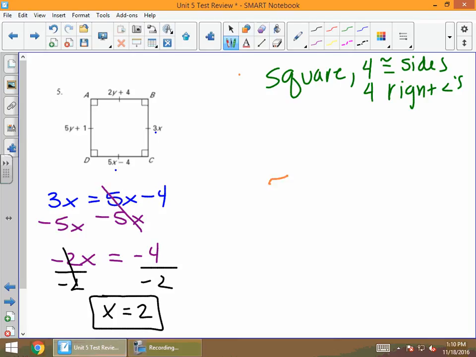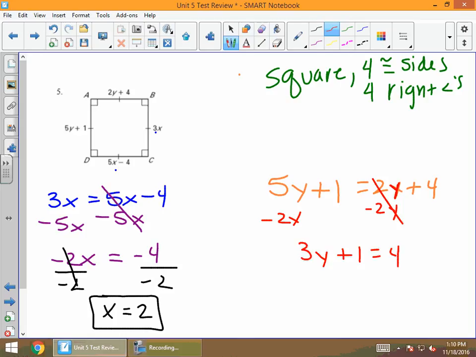We're going to say 5y plus 1 is equal to 2y plus 4. And solve. How are we going to solve this one? What do we want to move first? Move the little y first. We're going to move 2y all the way. We get 3y plus 1 equals 4.